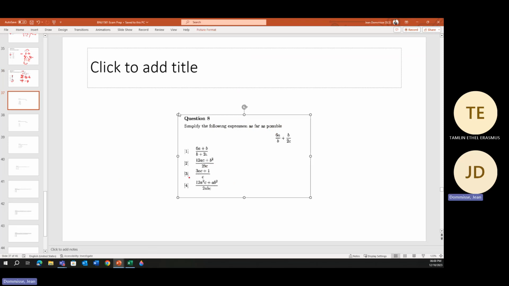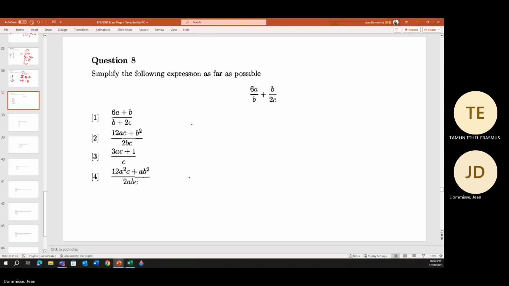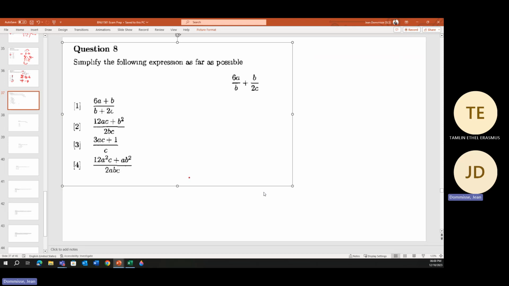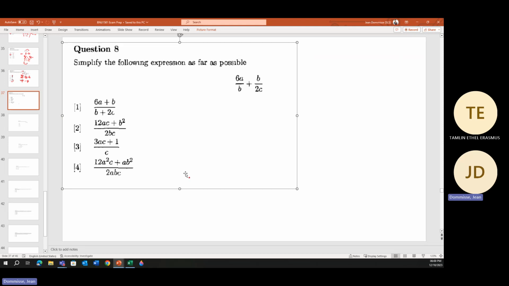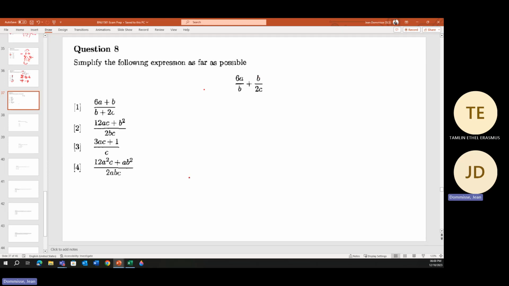Okay, let's just make this a bit bigger so that we can see what we need to do here. Okay, so this is an interesting question. So they ask us to simplify this question. Okay, so it's not multiplication, so we can't just cancel out.